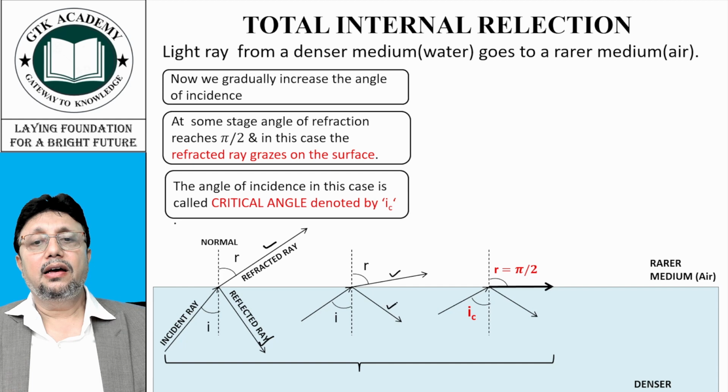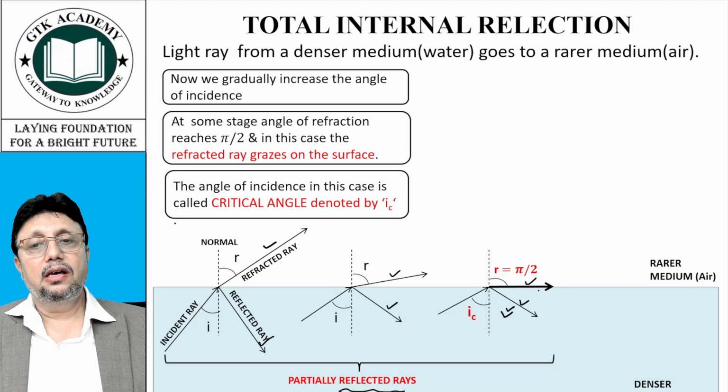Refracted ray, reflected ray. Here also it is refracted. Only thing is it is grazing, and you have a reflected ray. So these rays are partially reflected and partially refracted till this position, right?